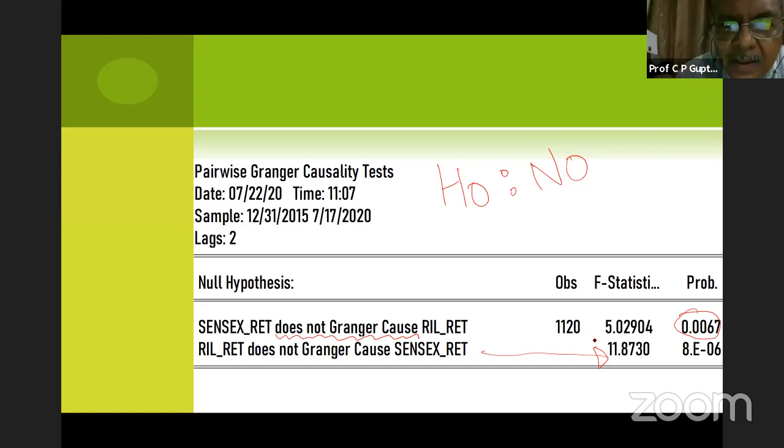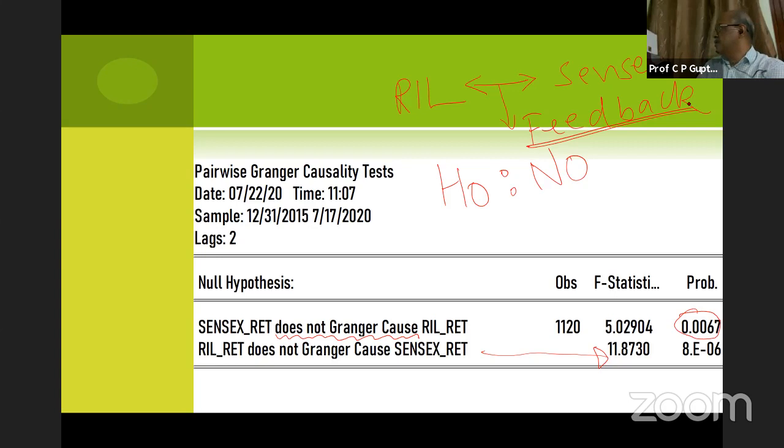It means Reliance is impacting Sensex, and Sensex is also impacting Reliance. So there is a feedback mechanism that exists between these two series. And I have shown you that if you use Sensex in your data for predicting Reliance return, you get a better result. Okay, so friends, I hope this is clear to you.